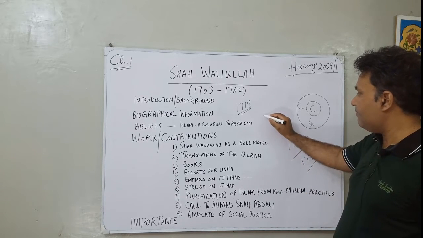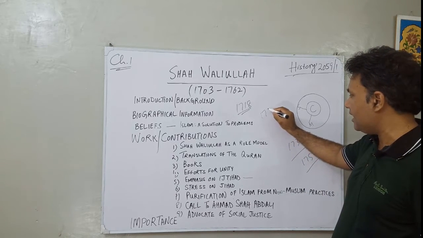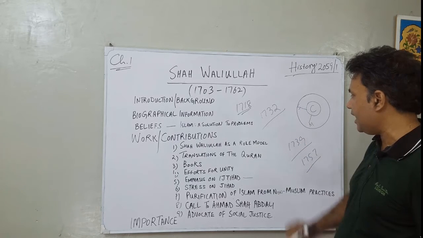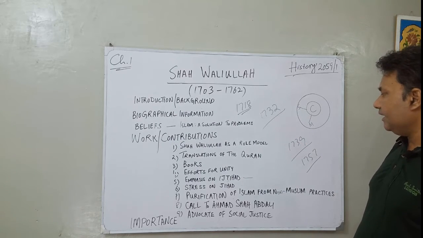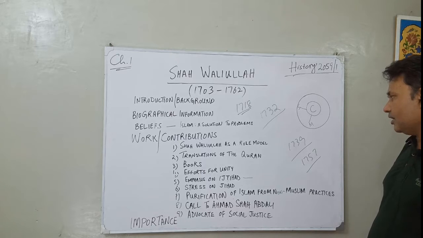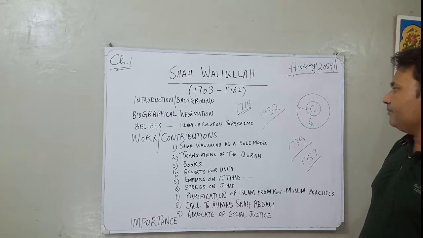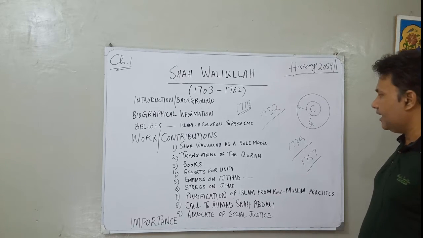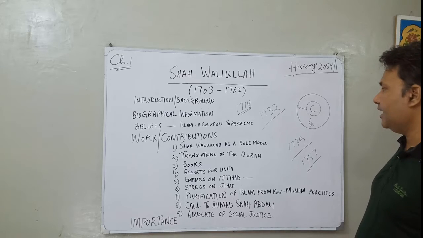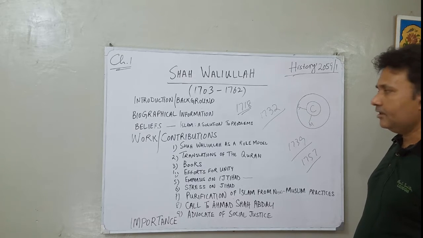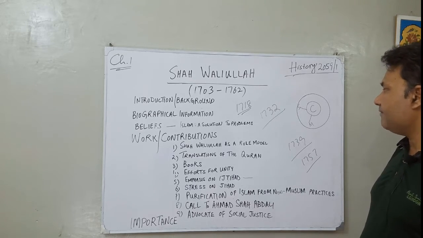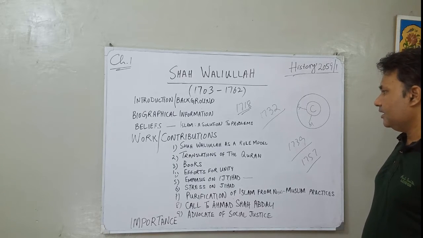So Shah Waliullah came back to India in the year 1732, and when he came to India, he identified the causes of the decline of the Indian Muslims and the Mughal Empire.